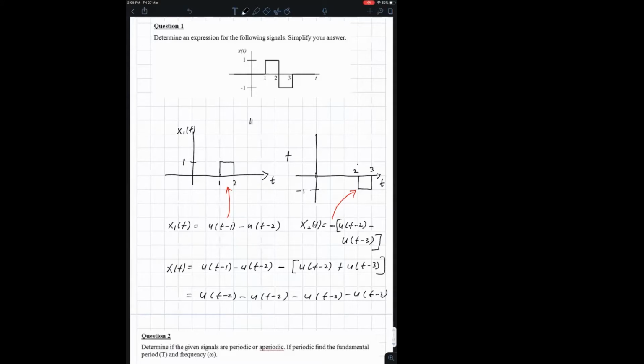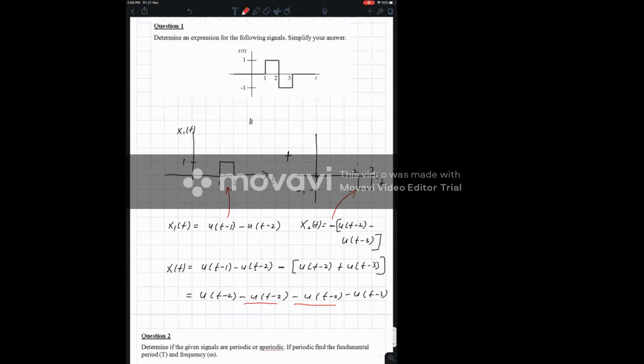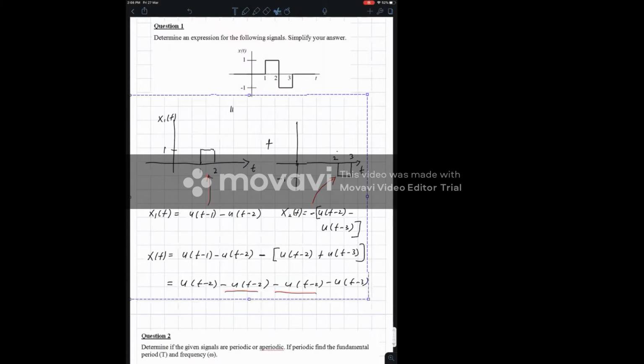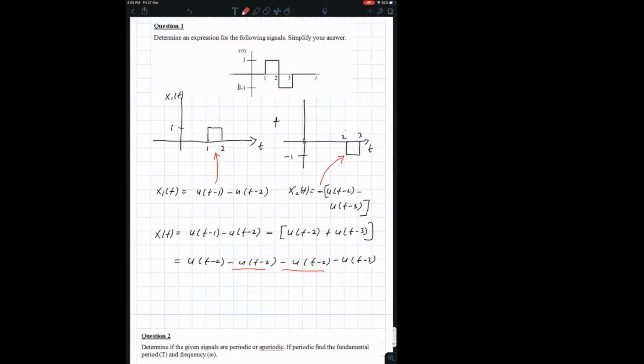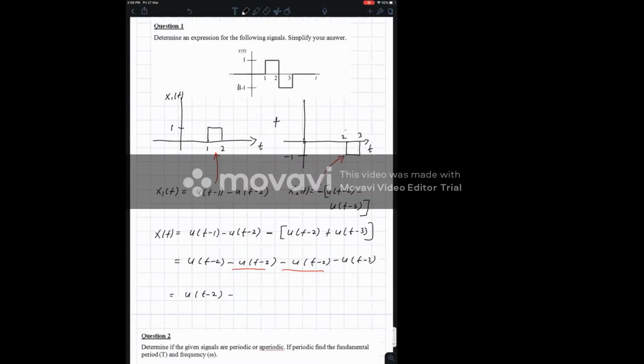Once you add them up, you can see these two terms are the same terms, so you can just add them up. The final answer is the term I've underlined in red.